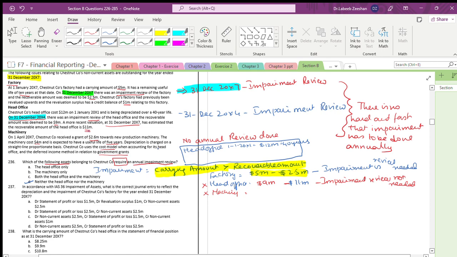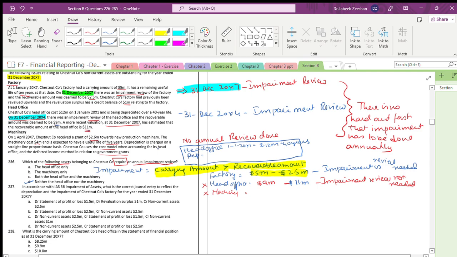If you take on 2007 also, depreciated over a 40-year life, in 2004 they have made an impairment. There was an impairment review of the head office. On a straight line method, I'm just writing depreciation.